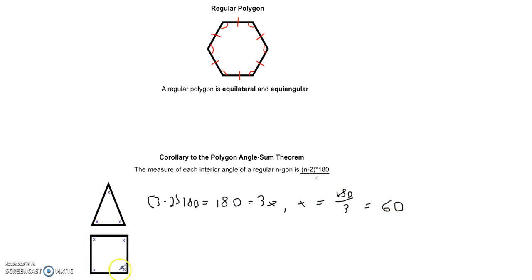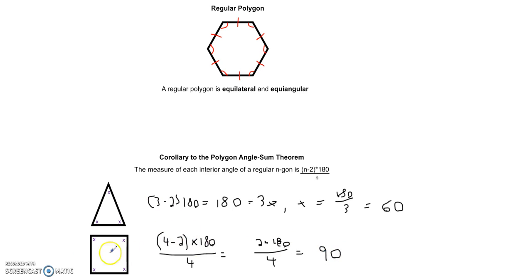So now let's do it for a rectangle. This time we can probably just trust our formula, since we just showed why it works. So we have a rectangle, or a 4-gon. When we plug in the numbers, we get 4 minus 2 times 180 over, again, n is 4, which is equal to 2 times 180 over 4, which is equal to 90.